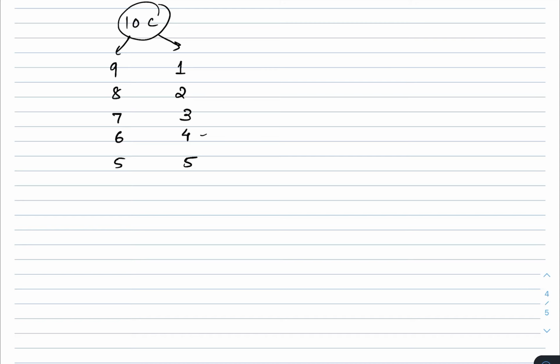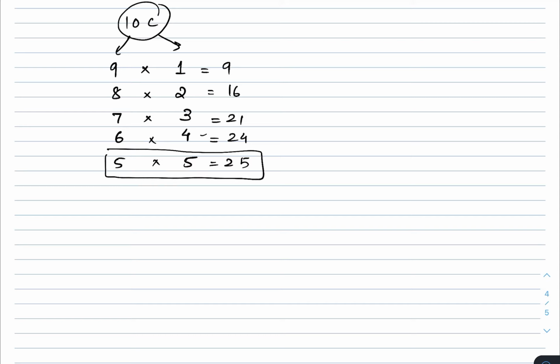Now in order to make the force maximum, I have to make the product maximum. So I can see 9 into 1 is 9, 8 into 2 is 16, 7 into 3 is 21, 6 4s are 24, and 5 5s are 25. So you can see, if you break the charge into equal parts, then only you are getting the maximum product, right?